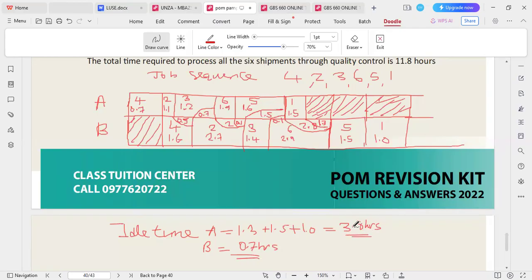So what is going on here is that we now need to sort out the total time required.